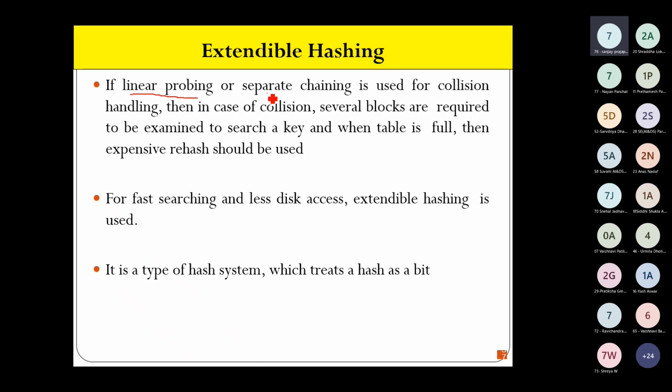Or in the same location itself, maintain a chain or linked list. So both methods are used to handle the collision. Then in case of collision, several blocks are required to examine the search. When the table is full, then expensive rehash should be used.